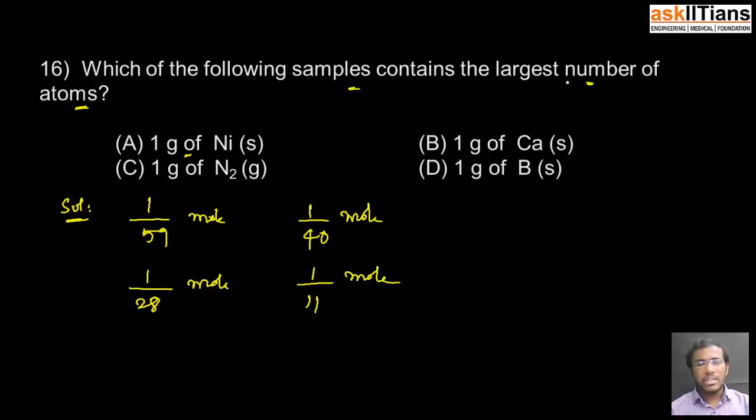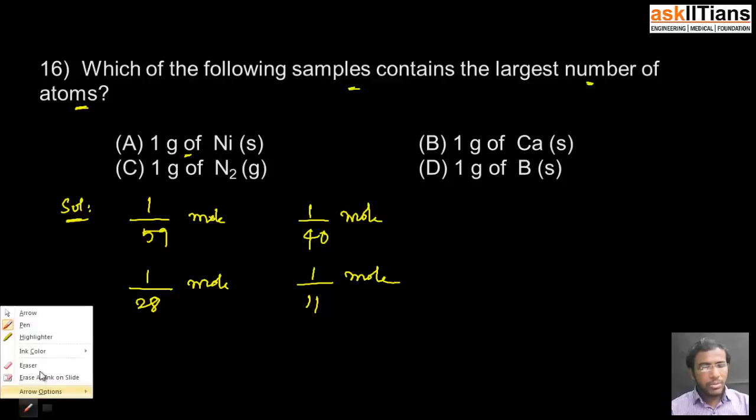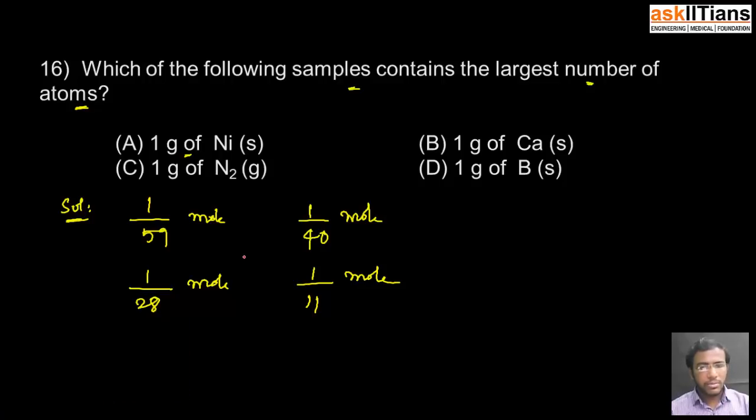The largest number of atoms is the one which has more number of moles. In these 4 options, let's see which quantity is greater. 59 means it's less quantity, compared to 1 by 11. So you can eliminate this one because this is small, and 1 by 40 is also small. Then we have 1 by 28 and 1 by 11. Some people may commit a mistake here. These are atoms, but this is a molecule, and each molecule contains 2 atoms.